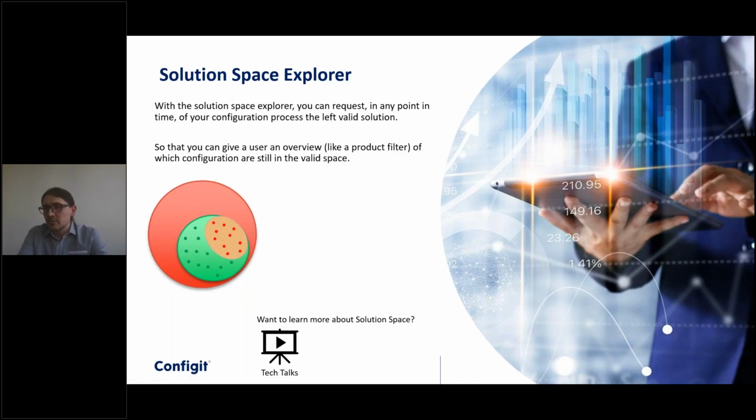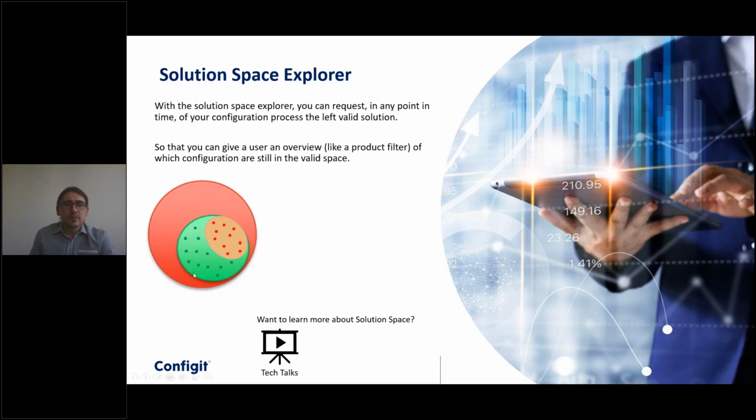And when we think about a product finder, very often you have a kind of table view where all the left configurations are shown. And you can select the ones which are most interesting for you. You can easily compare them. So it's a typical configuration behavior for a component business.